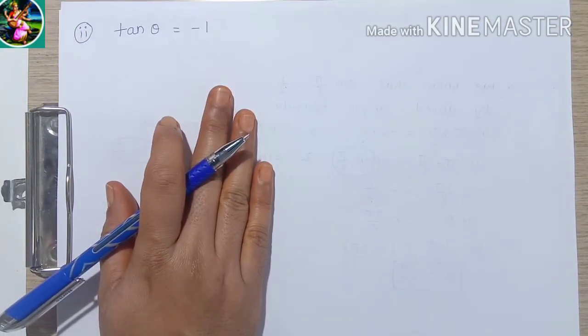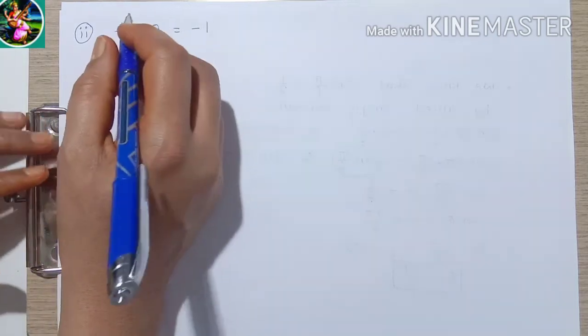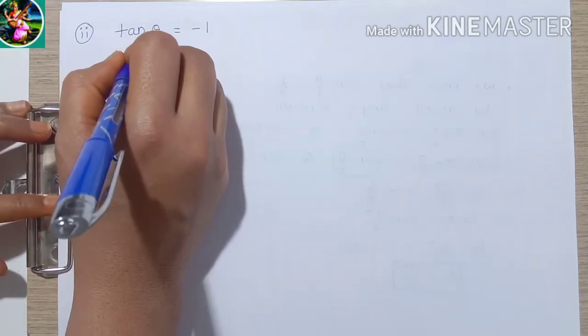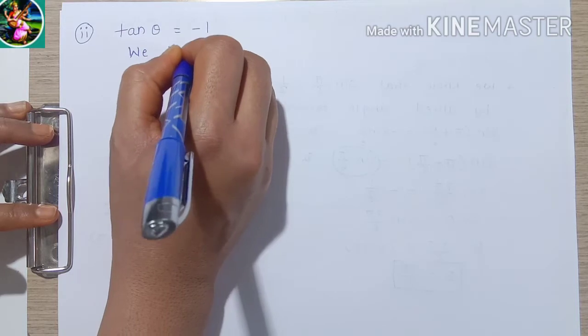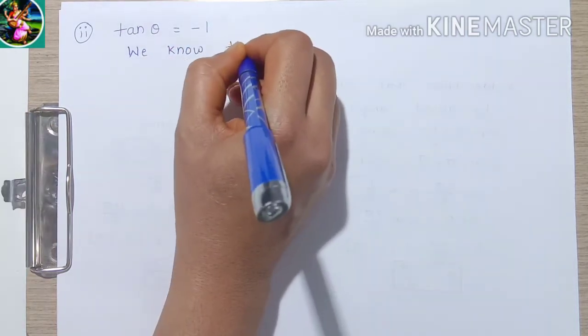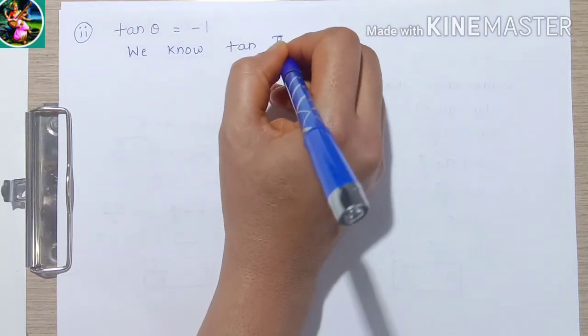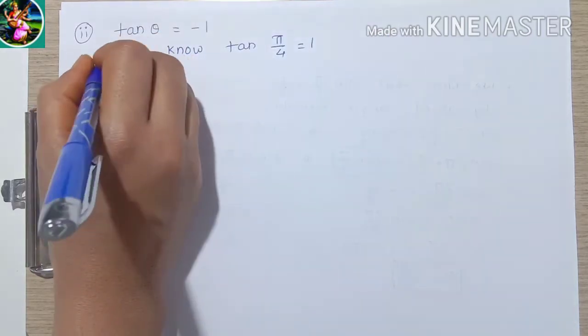Tan theta is equal to minus 1. We know tan of pi by 4 is equal to 1.